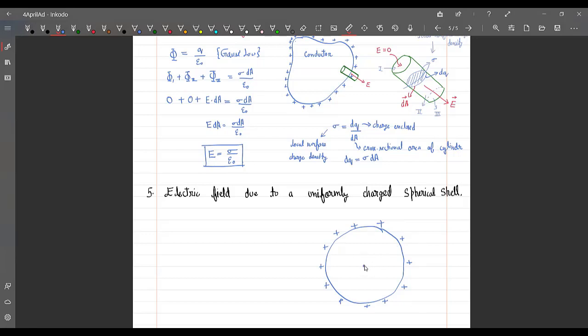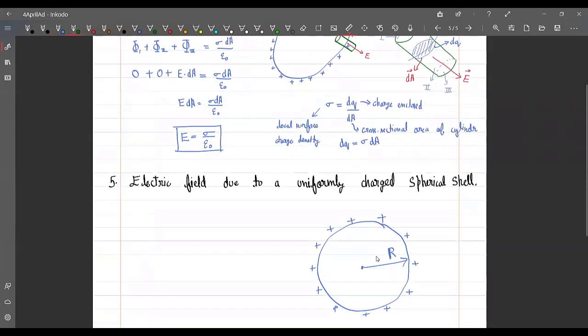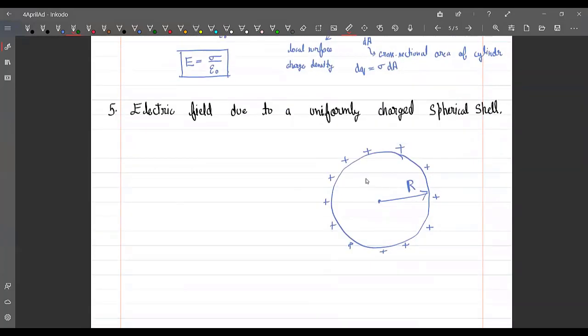Let us say this has a radius capital R, and I want to find electric field at two points. Let us call my first point P, which is small r distance away from the center. So to calculate electric field at point P, I will draw my Gaussian surface like a sphere.